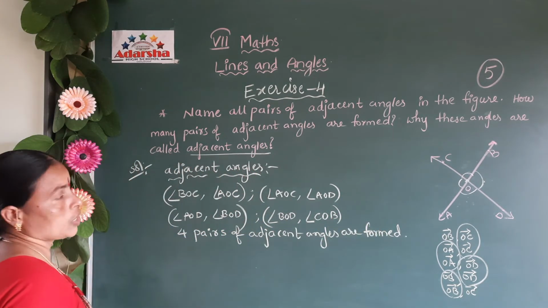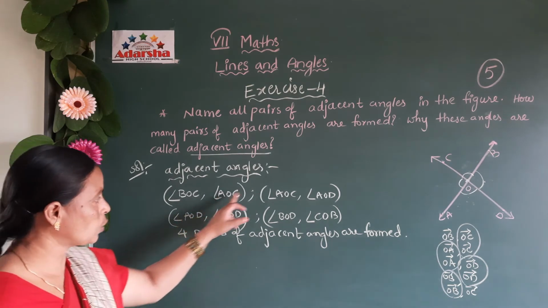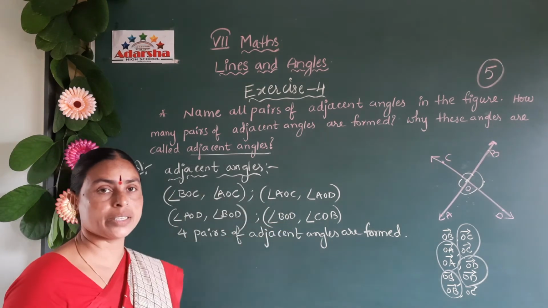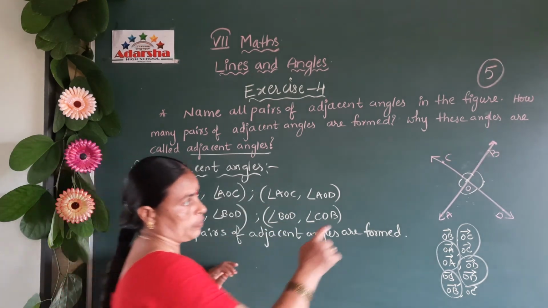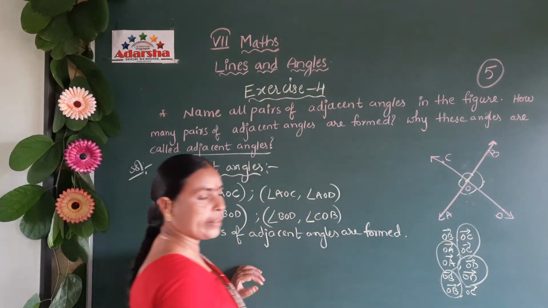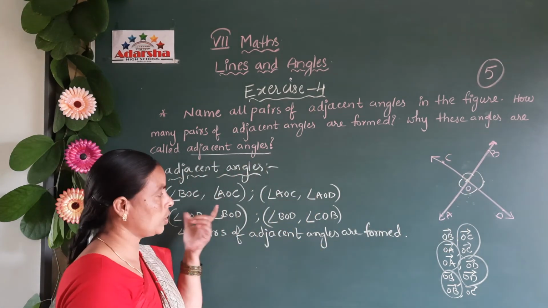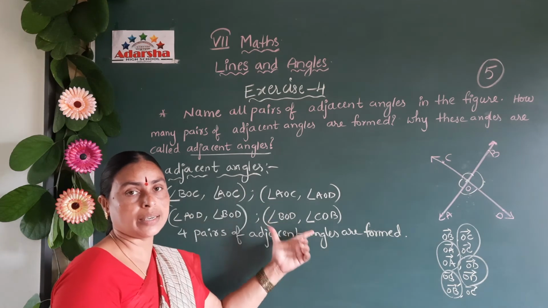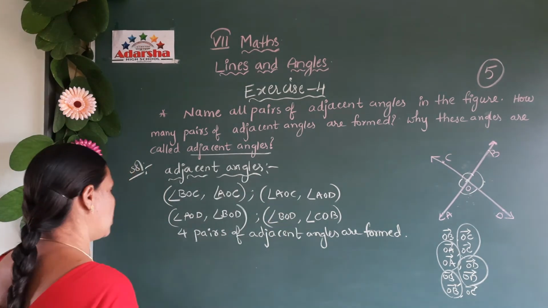Why are these angles called adjacent angles? Why are these four pairs of angles called adjacent angles? Because they have the common vertex and they have the common arm. So these four pairs of angles are called the adjacent angles.